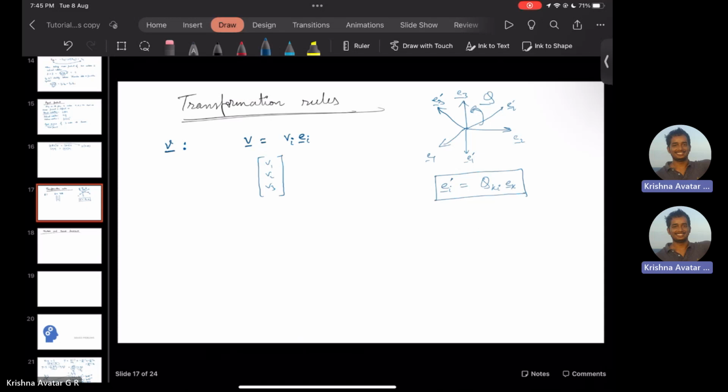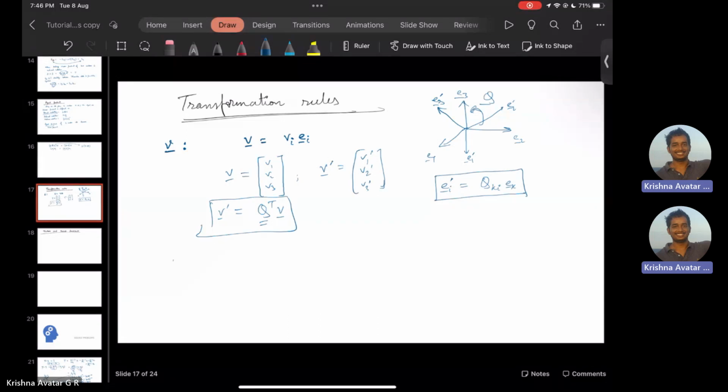Then because of the transformation of the Cartesian axis coordinate system, the new components will be, let it be v prime, the new components in the new transformed coordinate system, and this is related by Q transpose, and this Q is a second order tensor, right? So this is the relation.